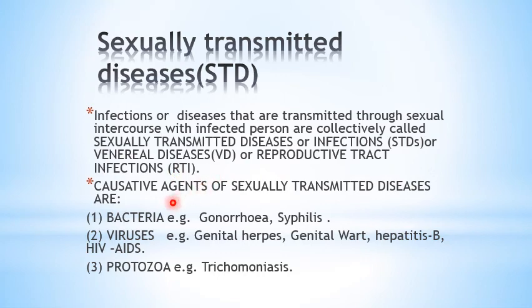The causative agents are bacteria, viruses and protozoa. The bacterial sexually transmitted diseases are gonorrhea and syphilis. Among viruses, we have genital herpes, genital warts, hepatitis B, and the very commonly known HIV/AIDS. The protozoal one is trichomoniasis, again a very typical and rare disease.